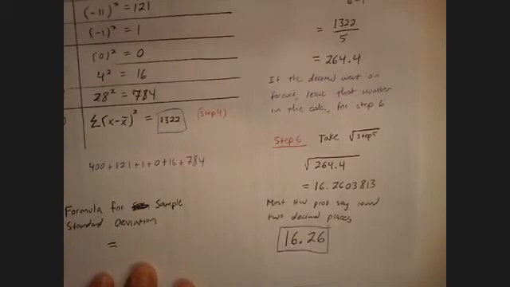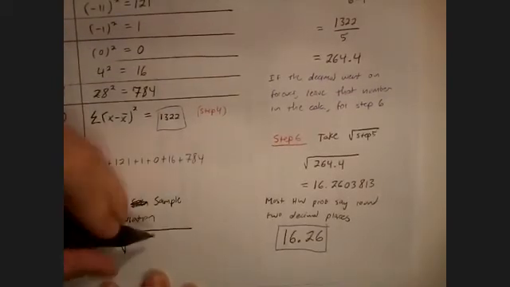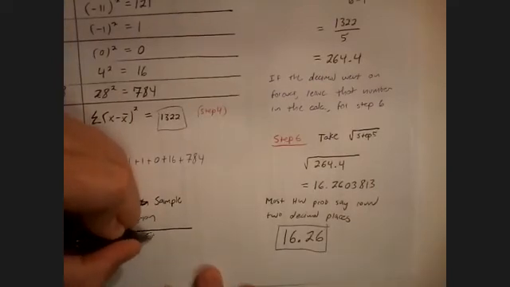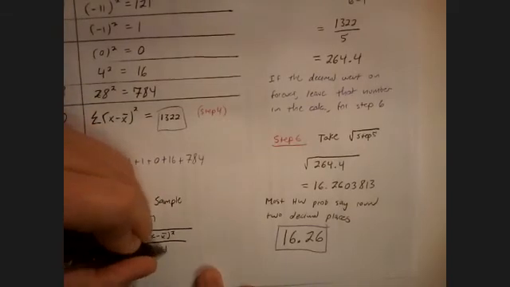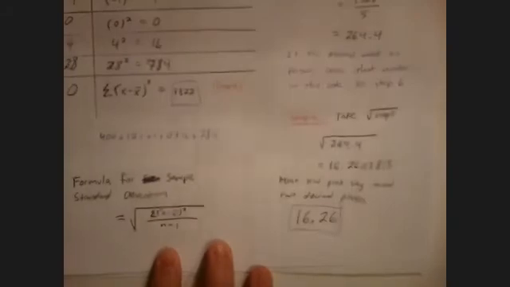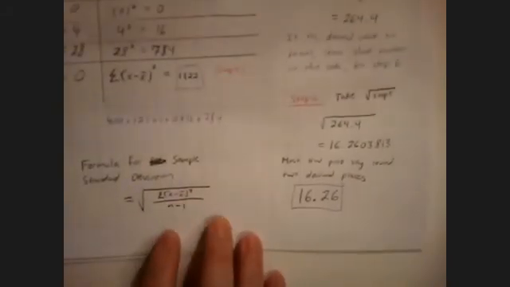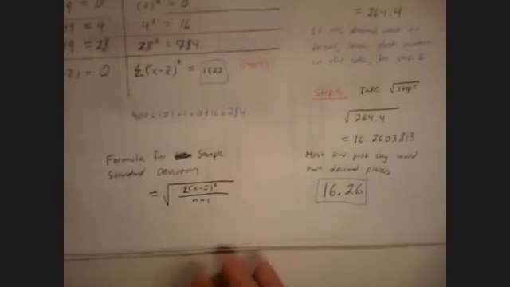It is the square root of all of the deviation squared added up over n minus 1. Take the square root of all of that. That is messy. In fact, it's upsetting the camera here. Maybe I should make it larger.